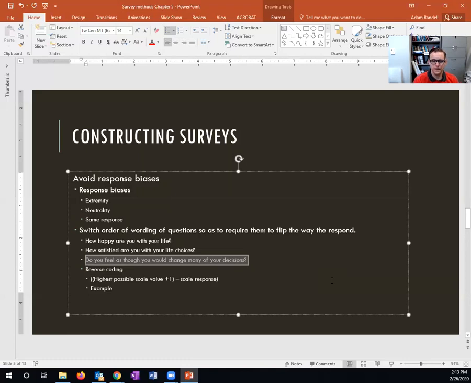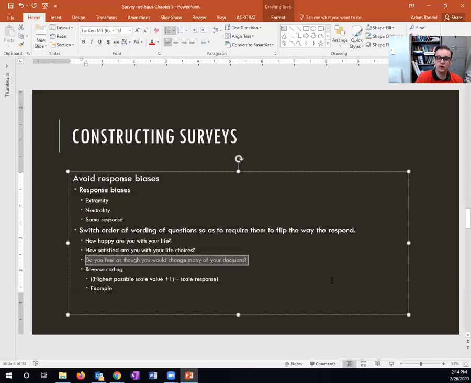So we work in questions like this because if a person's just going through and giving you the same answer to every question, or basically the same answer to every question, then they're likely to miss questions like these. But if someone genuinely was satisfied with their life and they were genuinely answering our questions, then they would respond to this question with like a 2, maybe a 3.